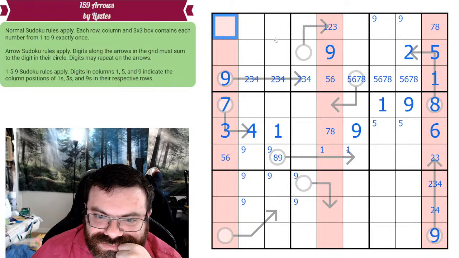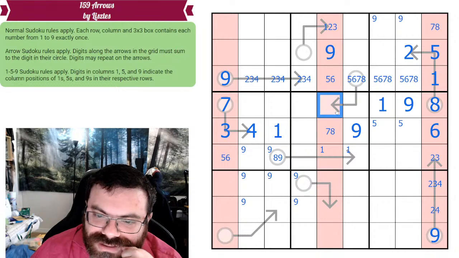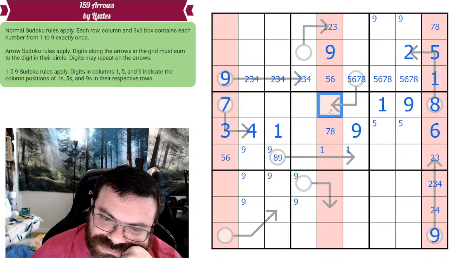So I don't know if that's enough. Could this be from the 4, 5, 6, 4? I suppose it could be.